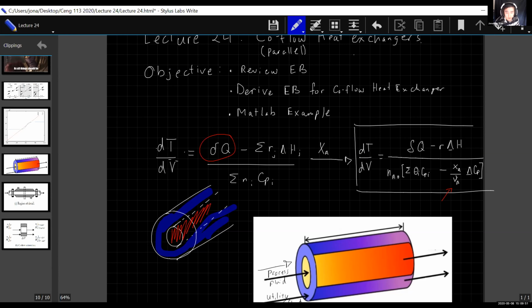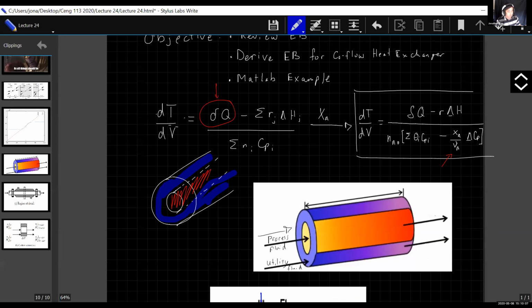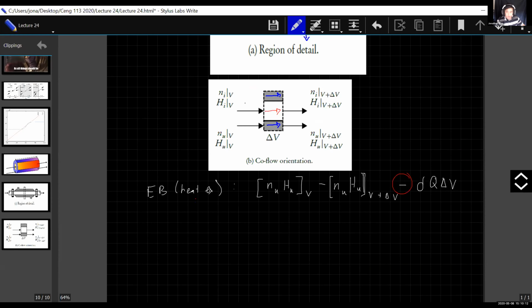From the perspective of the PFR, our process fluid, the heat transfer is going from the utility to the process. So a positive del Q in this case means that heat is being transferred from the utility to the process. If heat is being transferred from the utility to the process, that means in the energy balance for our heat exchanger, we require a negative del Q to indicate that heat is flowing from the utility to the process. So everything has to be consistent because we're going to be using both equations in the example problem.